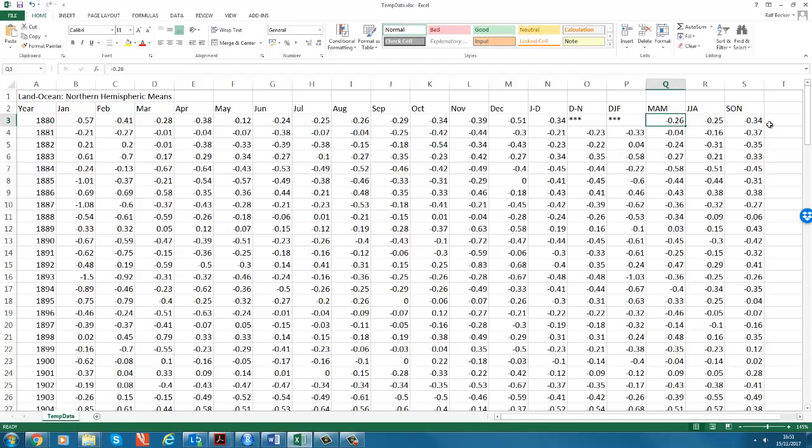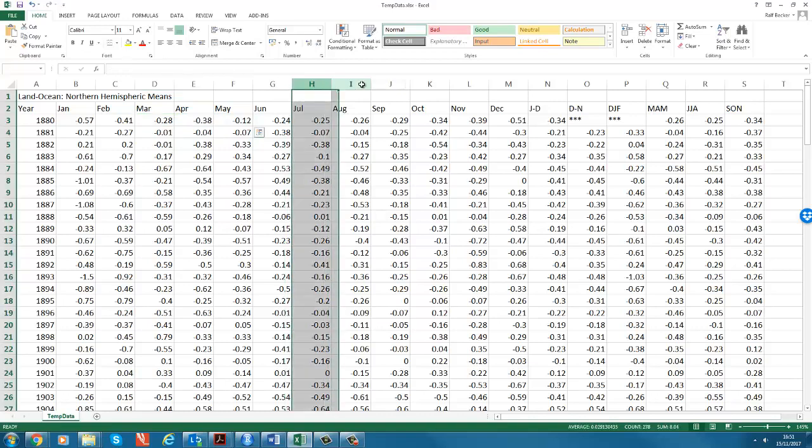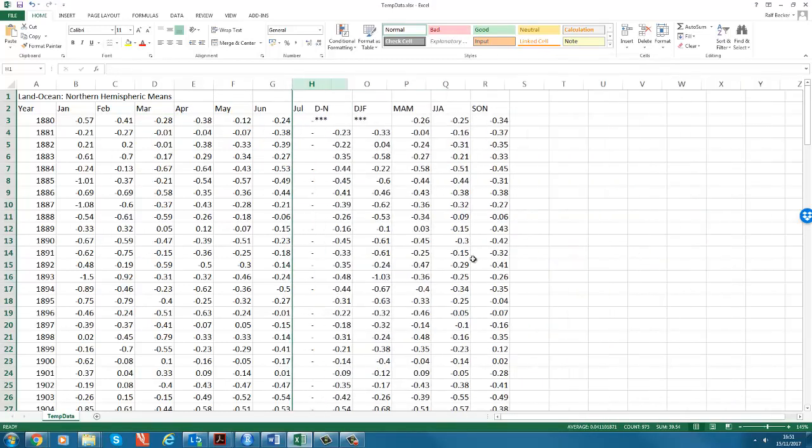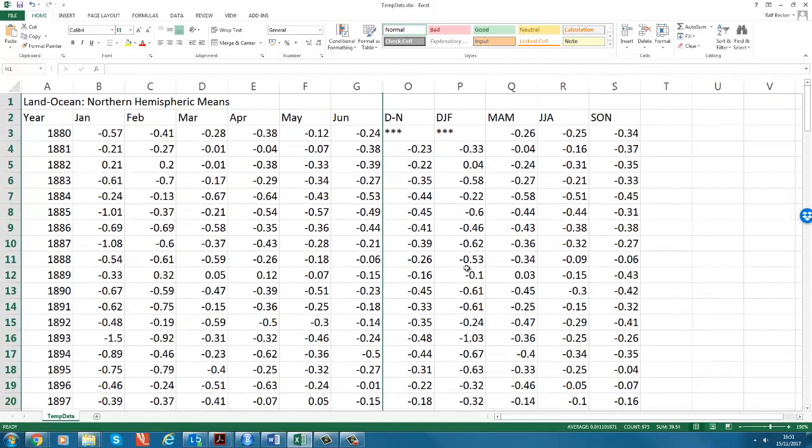MAM, negative 0.26. Our conjecture is now that this value, let's compare this to these three values. What we're going to do is hide a few columns here, and then we can make this bigger. So MAM, March, April, May.